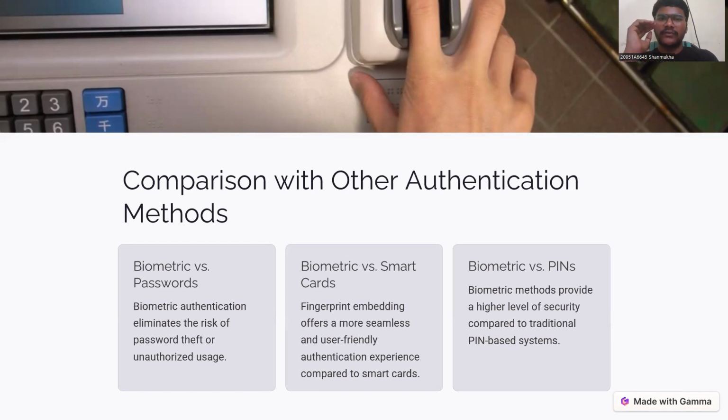There is a chance of theft of the ATM card, and someone might also decode the PIN you have created, and there is a chance of theft of your money from the bank.